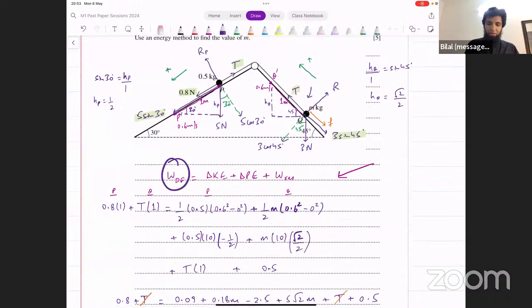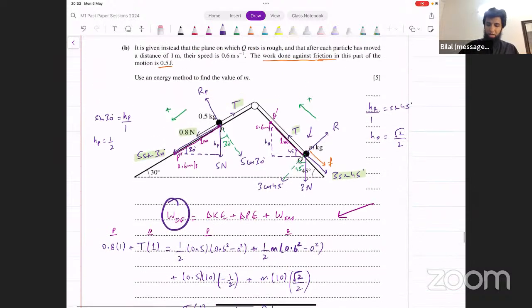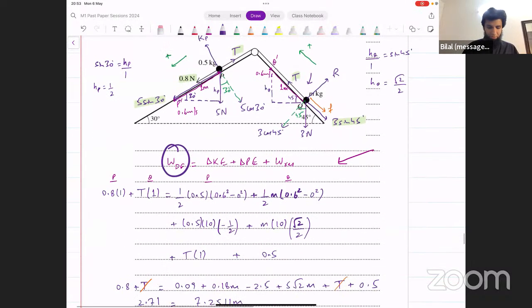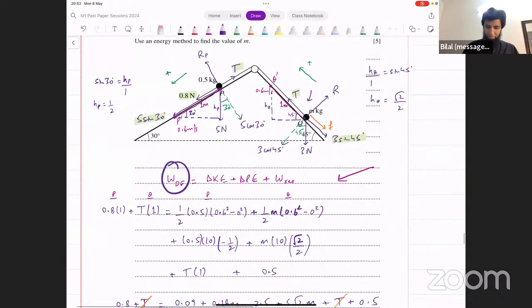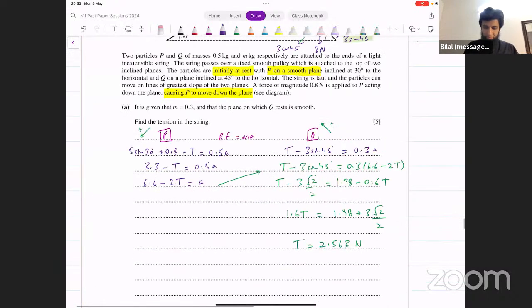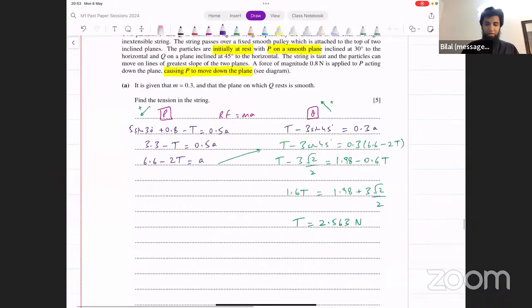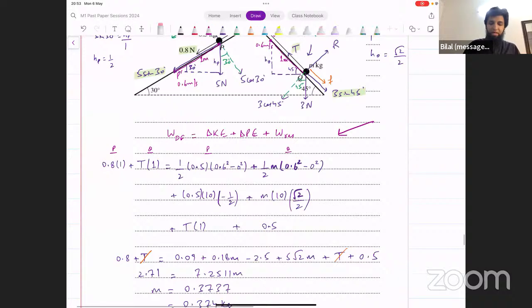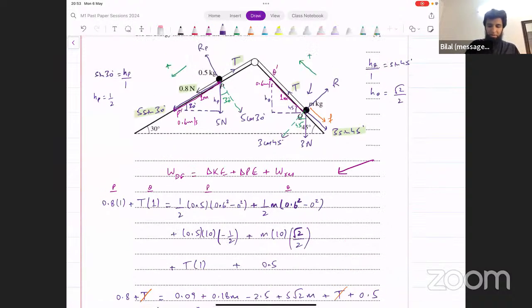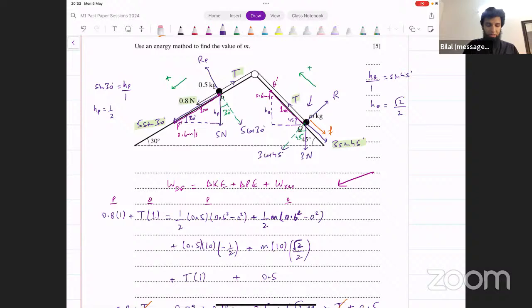Let me check here. Okay, P is moving down the plane. If P has traveled 1 meter, work done by driving force will be 0.8 into 1 for P, and then T into 1 for Q, because the driving force for Q is this force T.